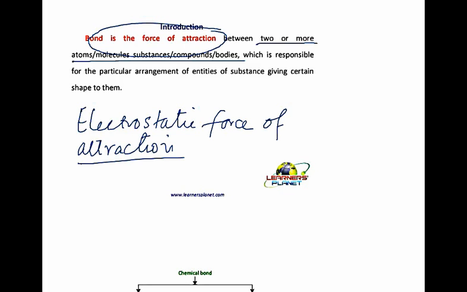So we can say what is a chemical bond. In short, we can say atoms combine with one another to form molecules.